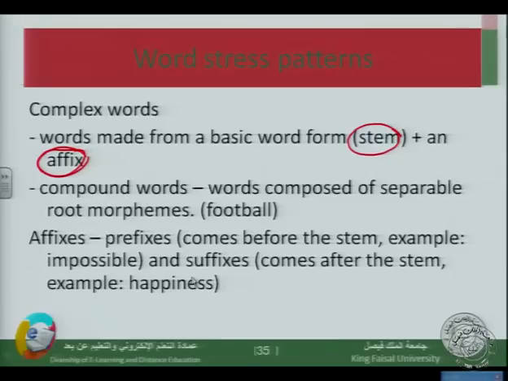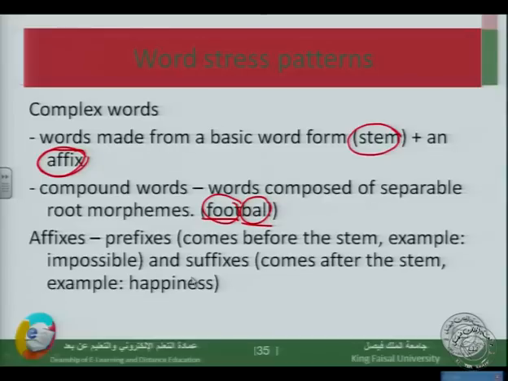Compound words are composed of separable root morphemes, as we took a little earlier, like football. This is the difference between complex and compound. A compound has two words composed of separate root morphemes. Foot is a root, and ball is also a root. So we have two root morphemes put together, whereas in complex words we have one stem, one root, and then we add an affix.